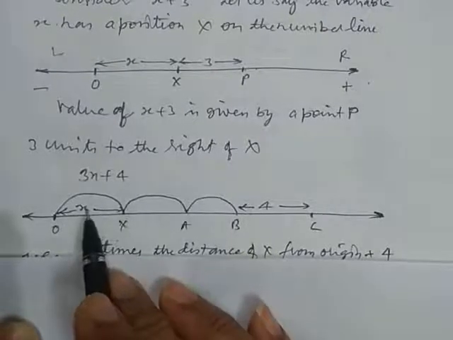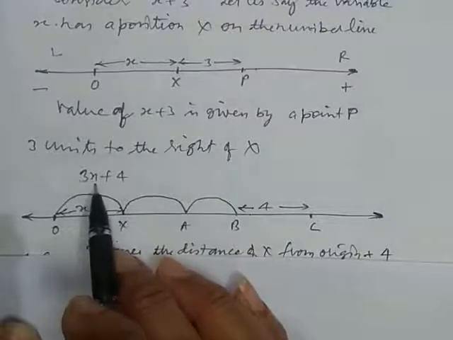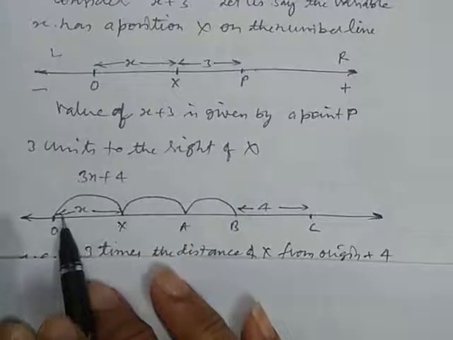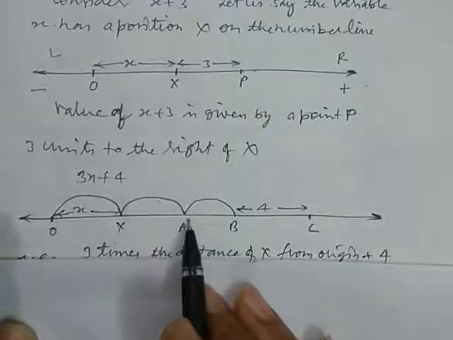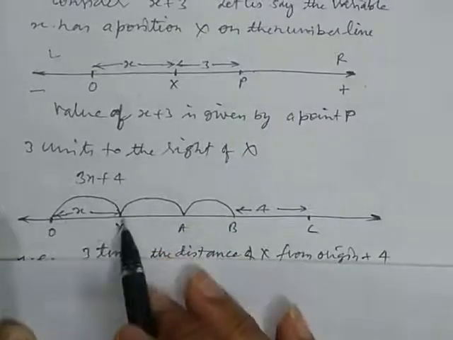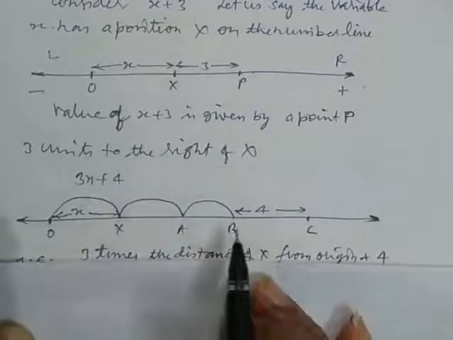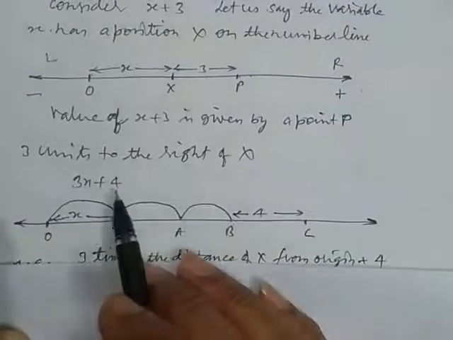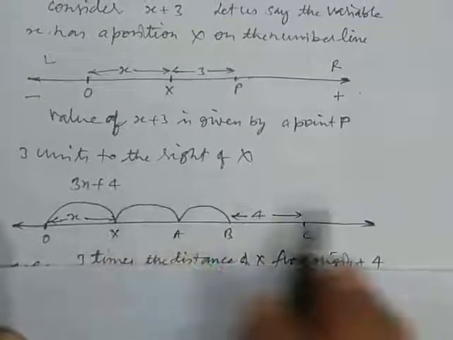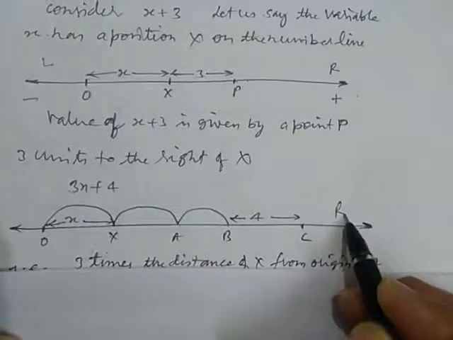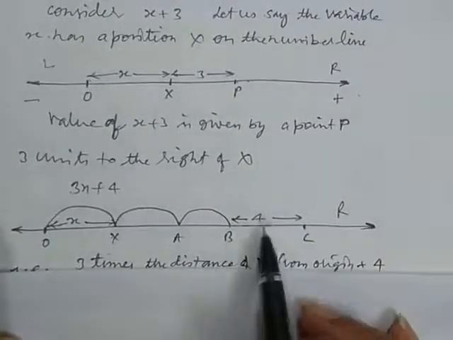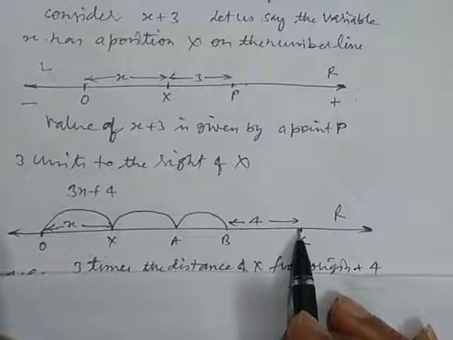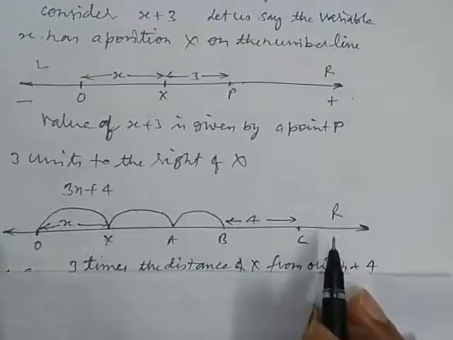This is the position of x. But here it is 3x, so 3 times x. We move 3 times equal to x, so we reach B. Now plus 4 in the positive direction, that is the right direction, we move 4 points, and we get the point C.